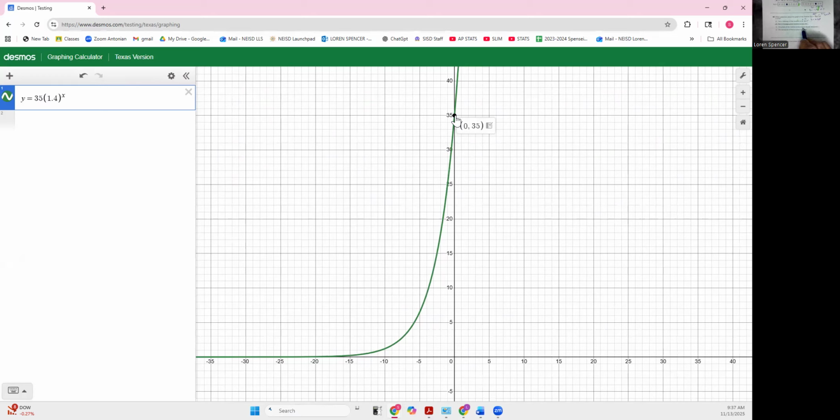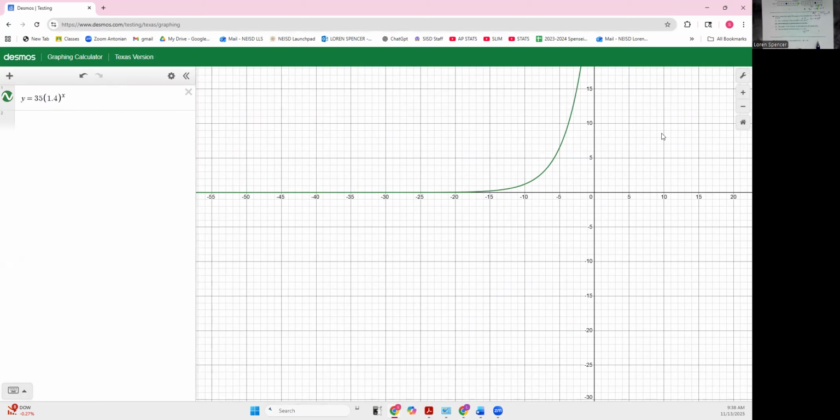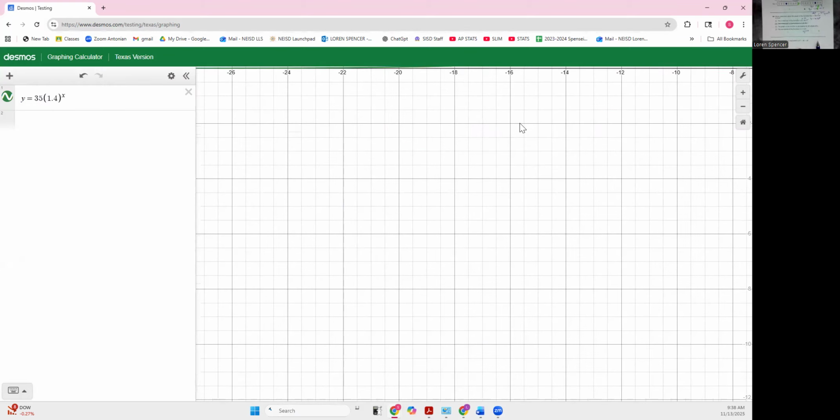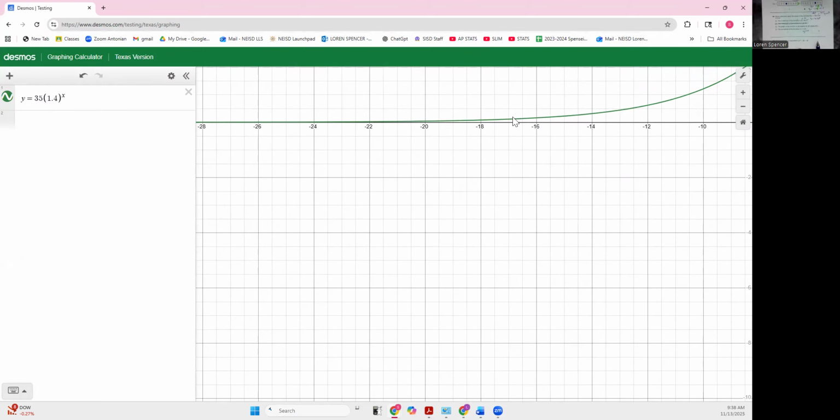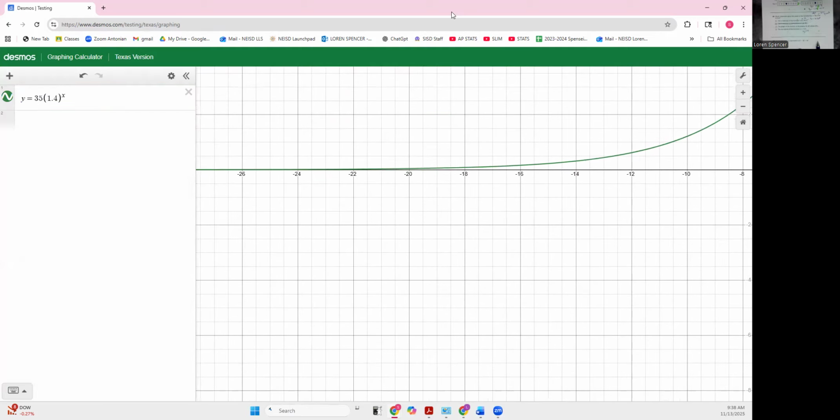The graph of the function is decreasing? No, the graph of the function is increasing because it's growth, and growth is always increasing. The asymptote is 0.4? The asymptote is y equals 0, because if I keep zooming in, it's not 1.4. We're getting closer and closer to 0. So that's it.